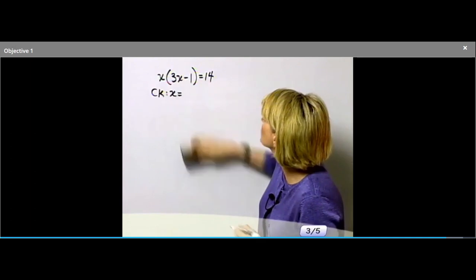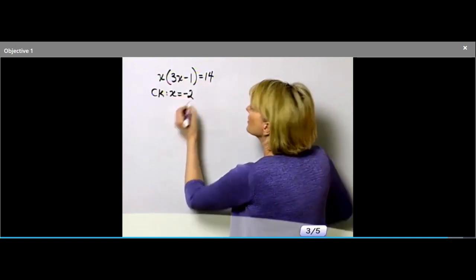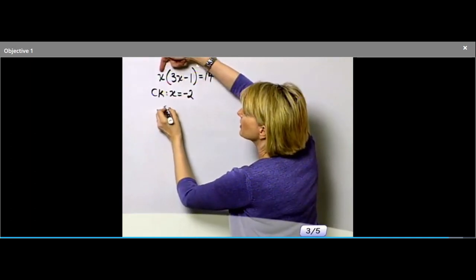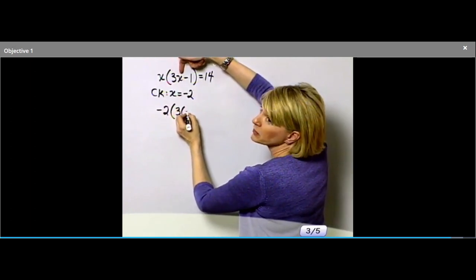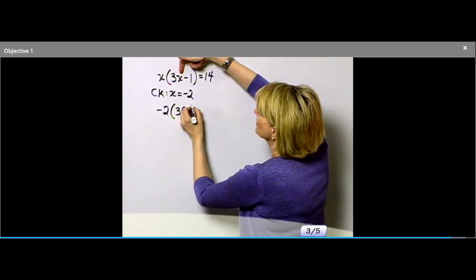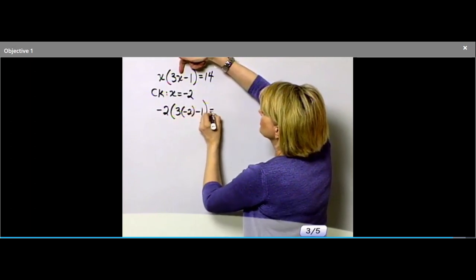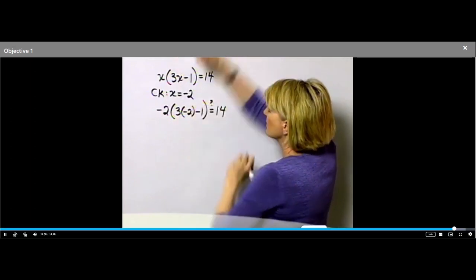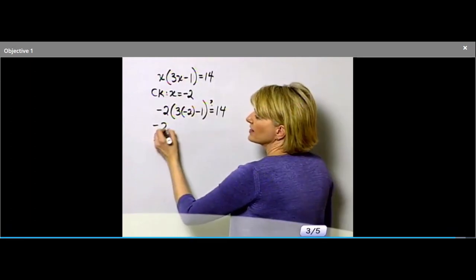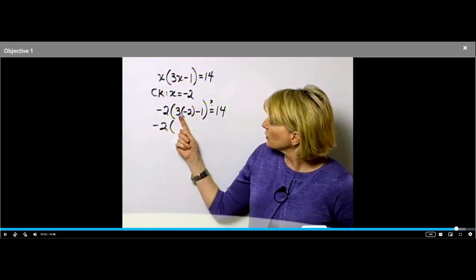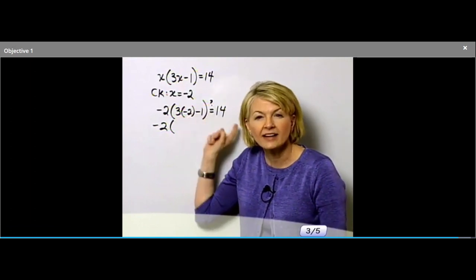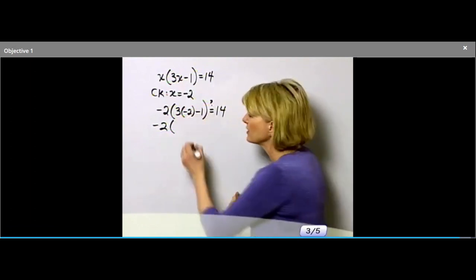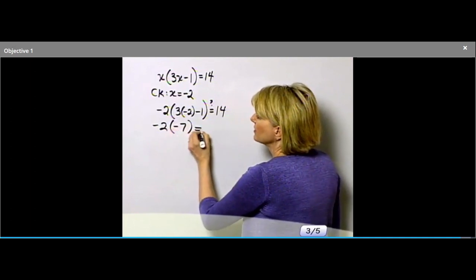Now let's check negative 2. To check negative 2, we do the same thing. Everywhere there's x, we replace x with negative 2. And we want to know, is that 14? Well, let's see. Working inside the parentheses, 3 times negative 2, that's negative 6 minus 1. Negative 6 minus 1 is negative 7.